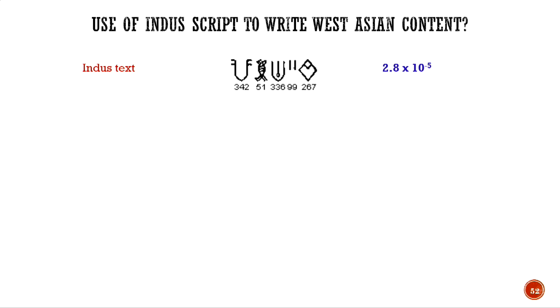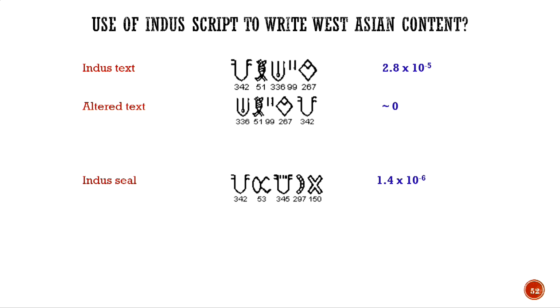Just for an example, before we take the original case, this is an Indus text. The likelihood of this Indus text is computed as this. If we just alter the sequence, it almost drops to 0. Now, we plug in the Indus seal as a text which we find from the typical Indus region, that is maybe from Harappa or Mohenjo-daro.